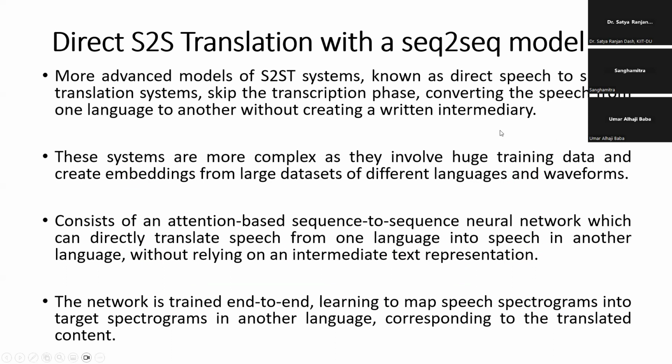The input to such systems will be speech and the output also will be speech. The system will be able to convert speech to speech without the intermediate transcription that is required in the traditional approach. These systems are highly complex. They involve huge training data and they create embeddings from these large data sets of different languages and waveforms.